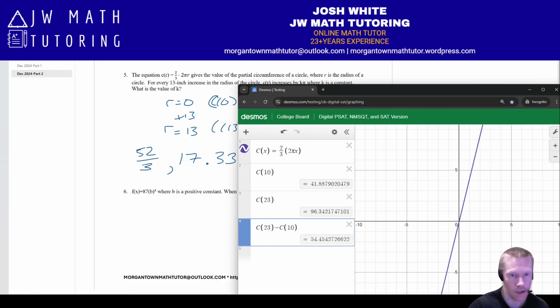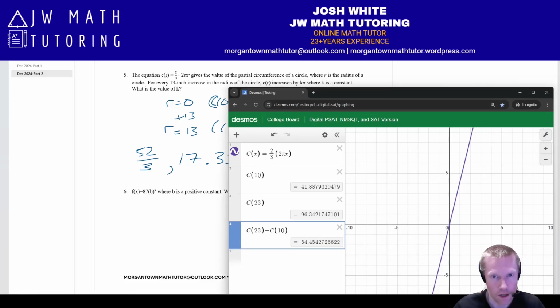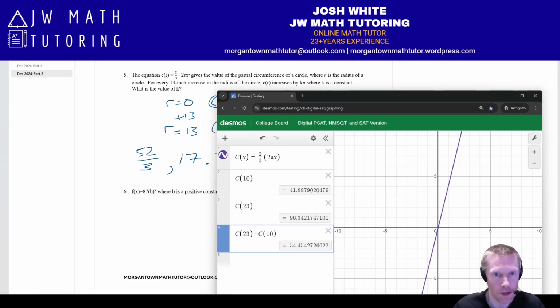find the difference. Here's the thing that's tricky. Here's what you have to be aware of. Notice in the problem, they say, for a 13-inch increase, i.e. the difference we're finding here, it's equal to k pi. So this number is equal to k pi. That means to find k, you have to take this value and divide it by pi.